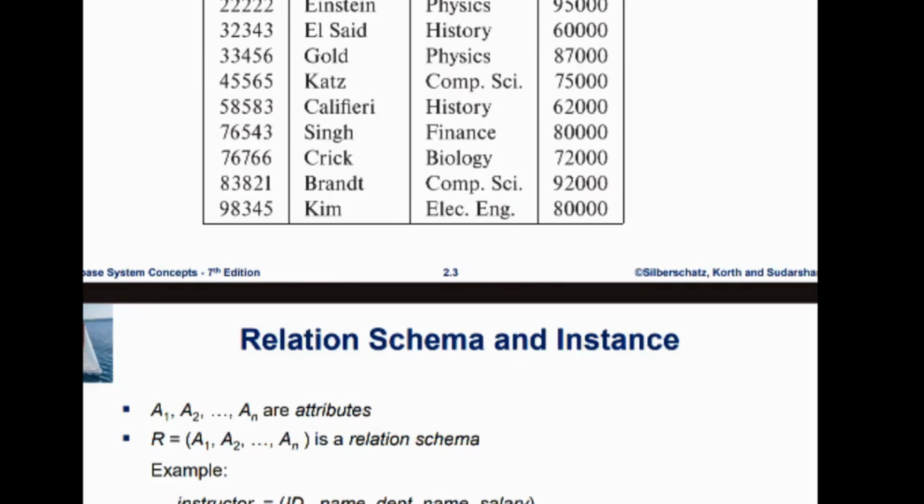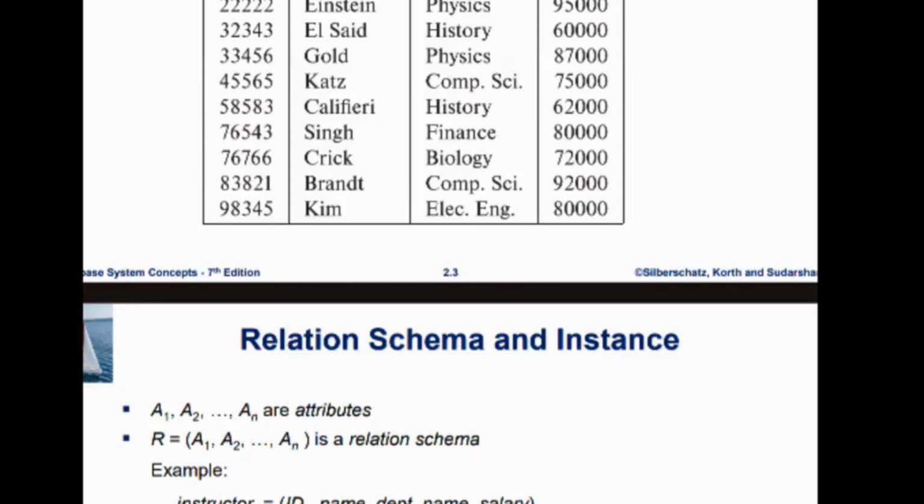The null value causes complications in the definition of many operations. Whenever the value is unknown, it is not possible to substitute it. For any attribute, if there is no value, obviously it is not possible to substitute that value in any equation. That's why null always creates complications.